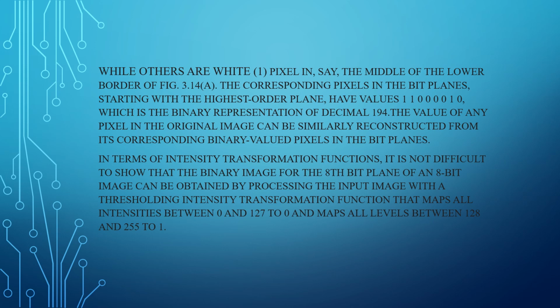In terms of intensity transformation functions, it is not difficult to show that the binary image for the 8th bit plane of an 8-bit image can be obtained by processing the input image with a thresholding intensity transformation function that maps all intensities between 0 and 127 to 0 and maps all levels between 128 and 255 to 1.